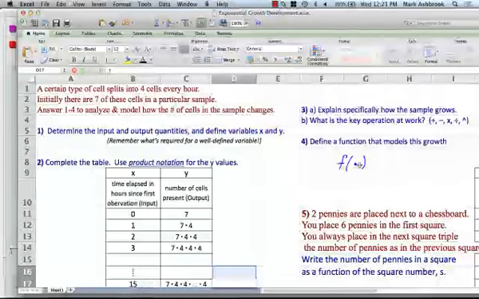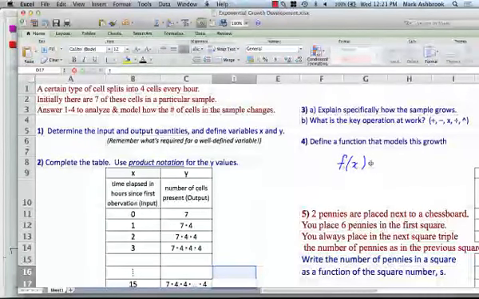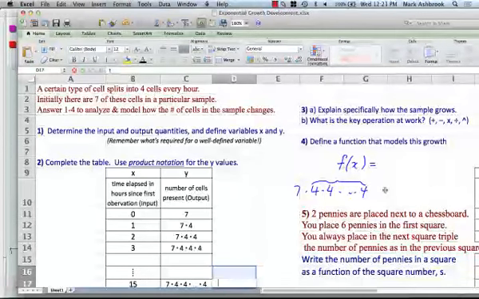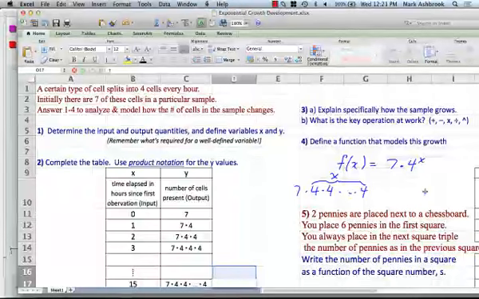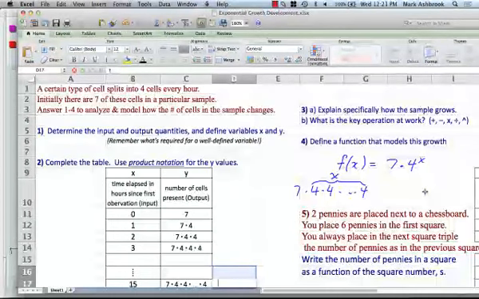What's the input, x or y? X, the number of hours. So after x hours, what's happened? We had 7, and we did what after x hours? How many 4s will we have multiplied by after x hours? X of them, right? And so we can say that is 7 times 4 to the x.